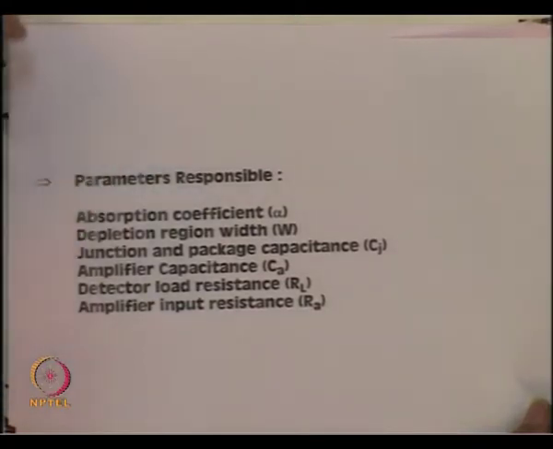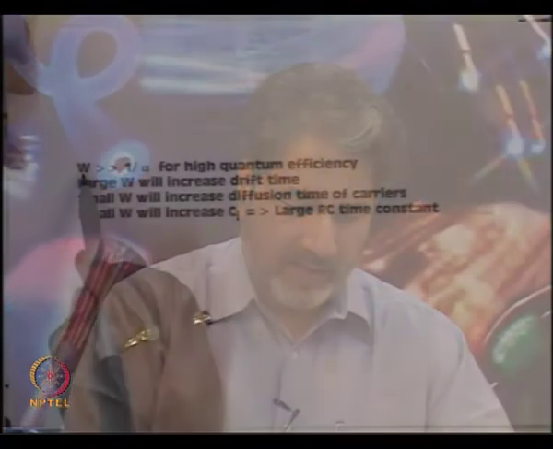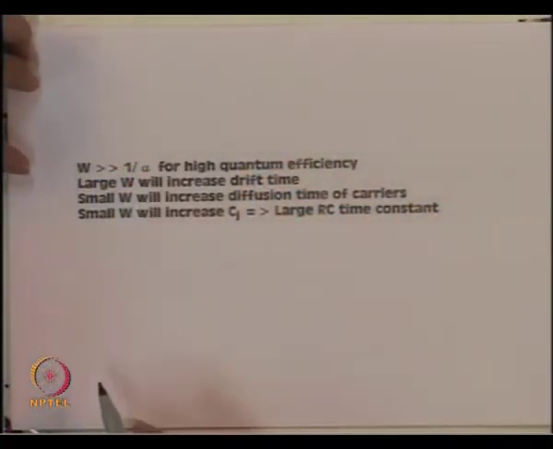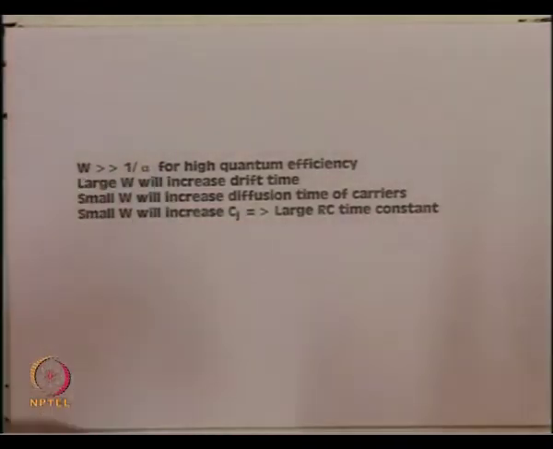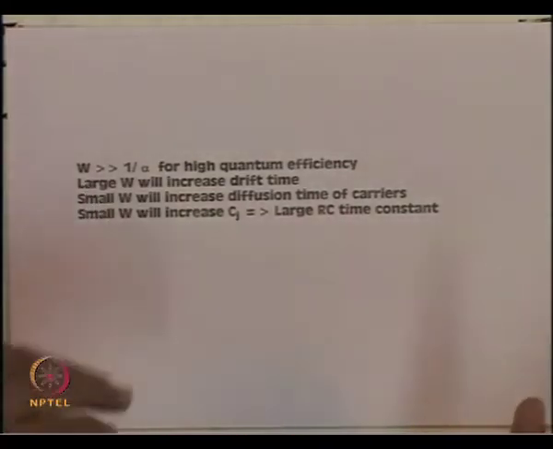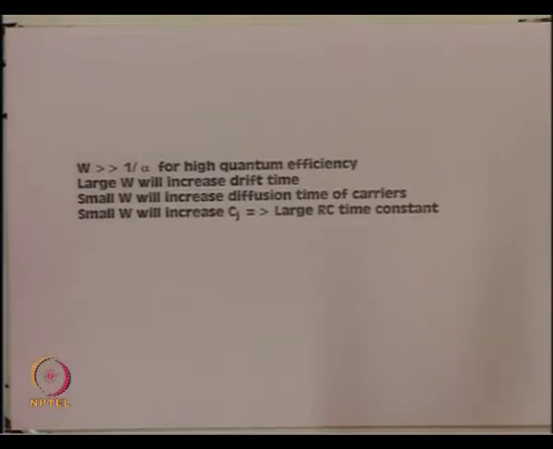However, from the point of view of the absorption coefficient and the depletion region width, what we want from the efficiency point of view is that this width should be much larger compared to 1 over alpha. 1 over alpha is the effective distance over which the photon flux gets absorbed. If the depletion width is much larger compared to this distance, then we will have better efficiency, because most of the photons will get absorbed inside the depletion layer. So, for high quantum efficiency, we want the depletion layer width to be much larger compared to 1 over alpha.